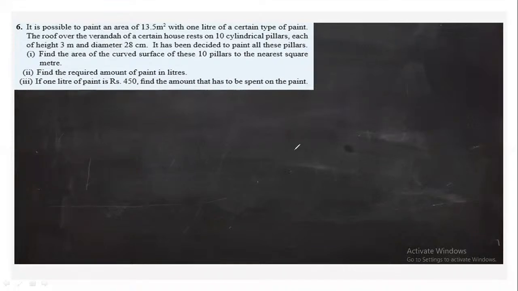It has been decided to paint all the pillars. Then find the area of the curved surface of these 10 pillars to the nearest square meter. Find the required amount of paint in liters. If the cost of a liter of paint is 450, find the amount that has to be spent on the paint.